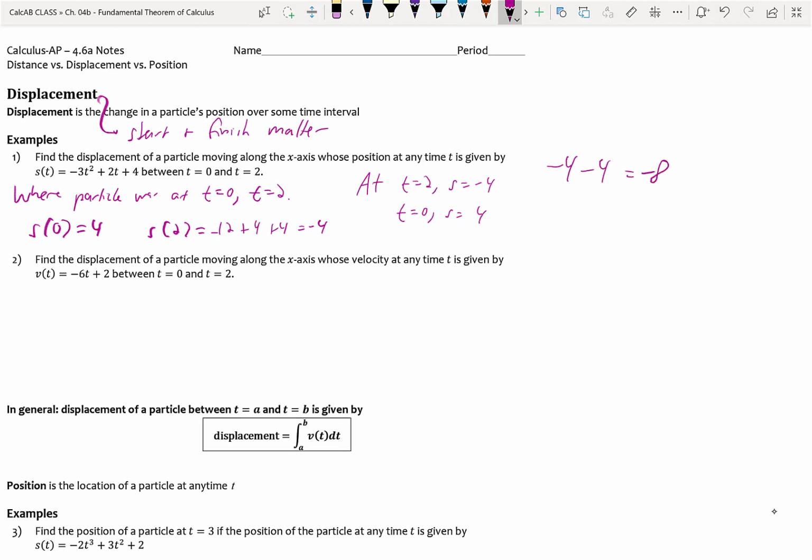In other words, I started at 4 and moved in this direction to negative 4. So that is a displacement of negative 8 units. The change in my position moved left 8 units. I was confused because oftentimes with displacement we talk about a direction and a magnitude. So we say I moved left, which would be the interpretation of the negative sign, 8 units.